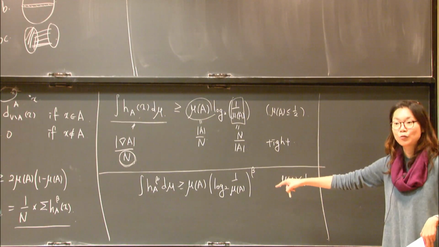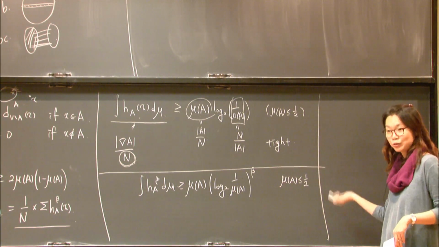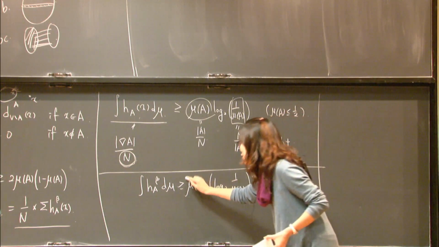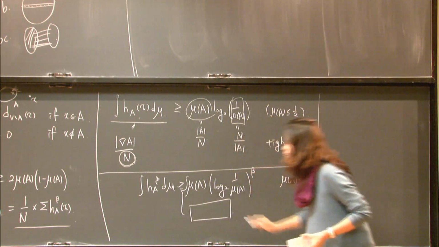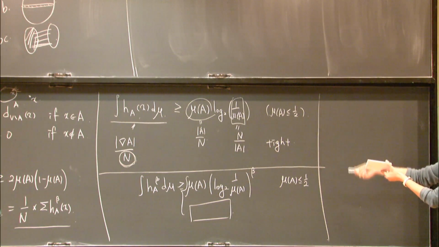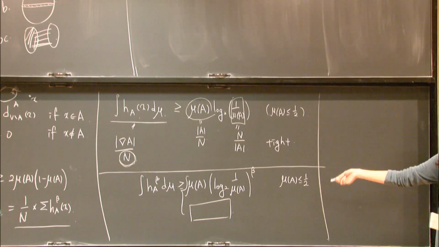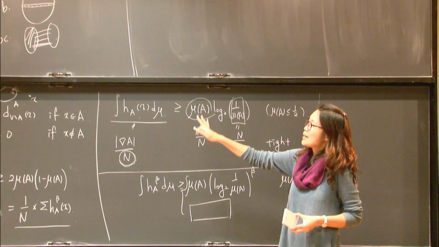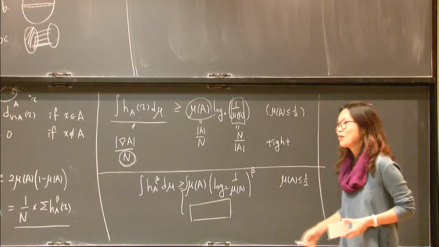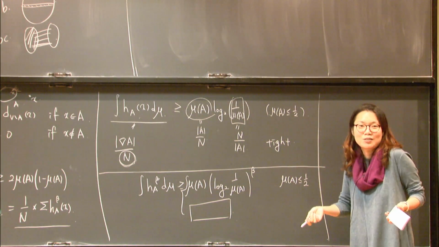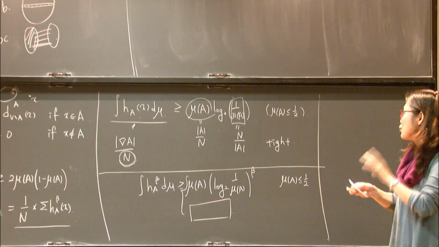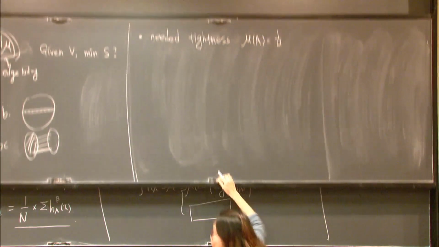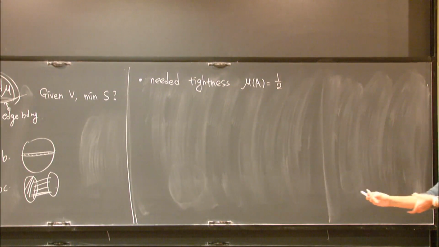And this is not true when mu of A is larger than a half. So what we tried was maybe we can put some other expression here. We think about this hybrid version of the inequality, but this is the thing that's impossible to prove, because our proof is basically induction on D, and when we have this hybrid version, the induction is just too complicated. So we couldn't do it, but you can try it. I'll be very happy to see some more tight inequalities.